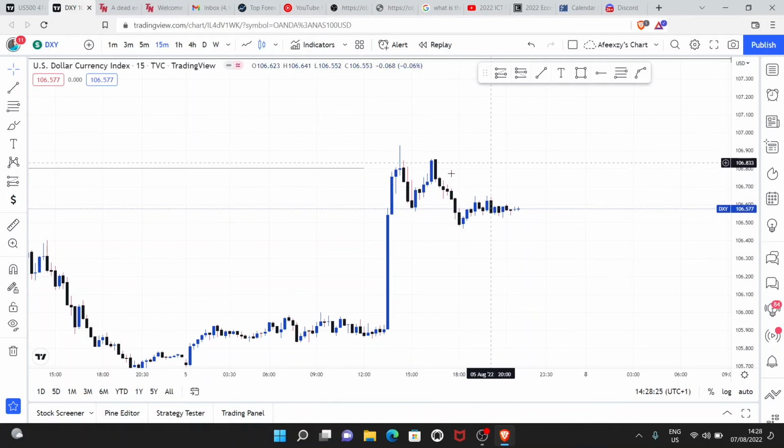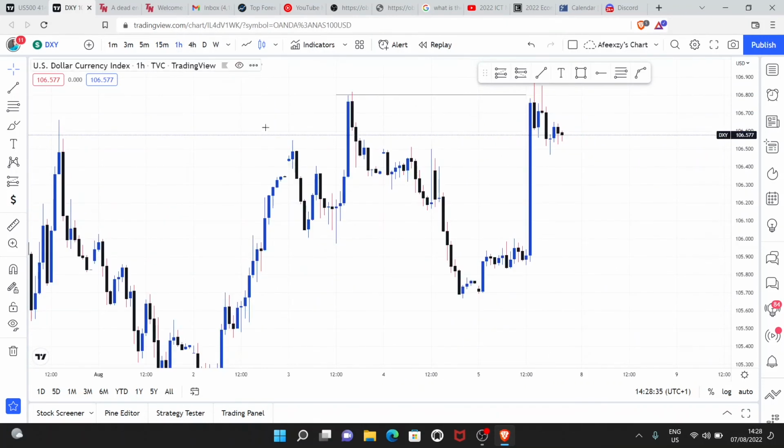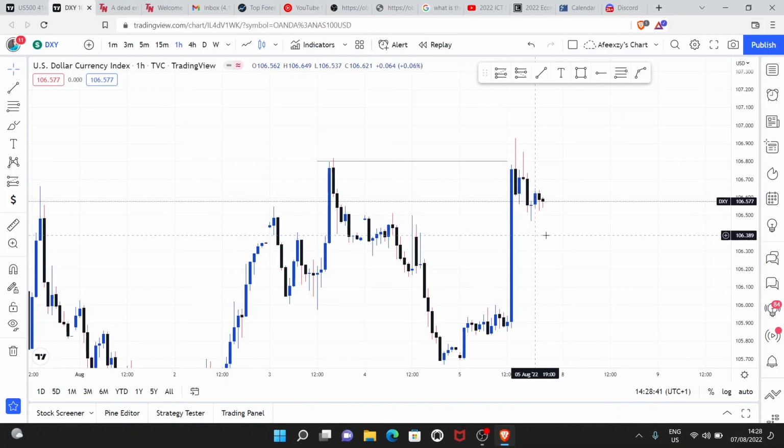So I'm just waiting to see what's really happening here. I'm watching this high, then potentially here. Let's see. Right now, I'm just going to stay on the sideline to watch what's really happening here. That is that for our DXY.